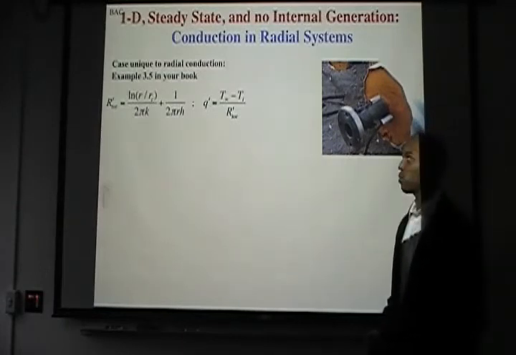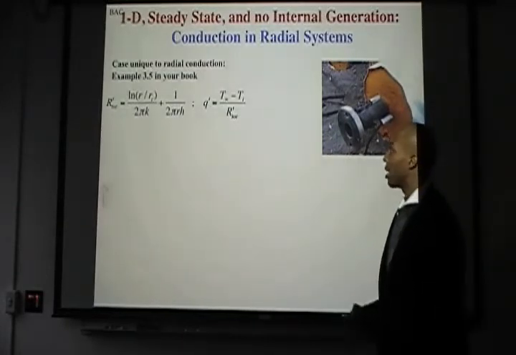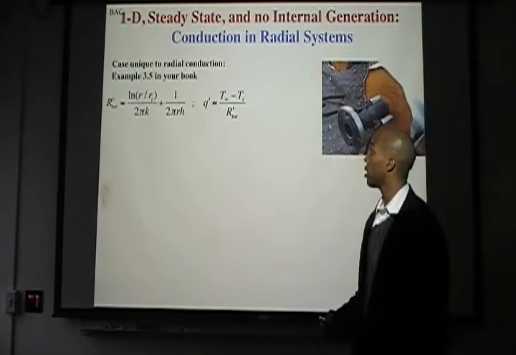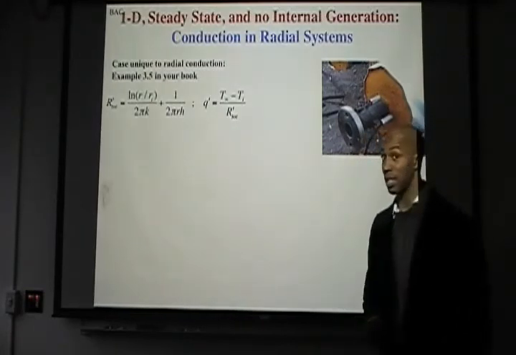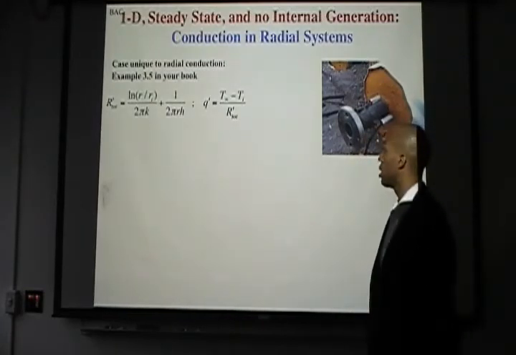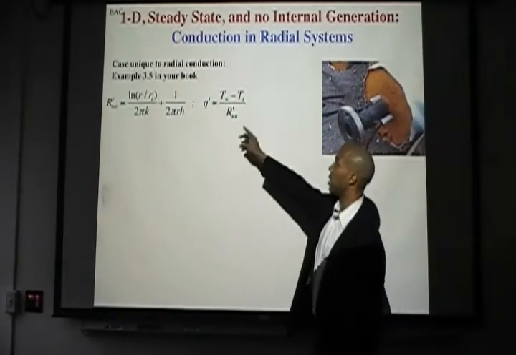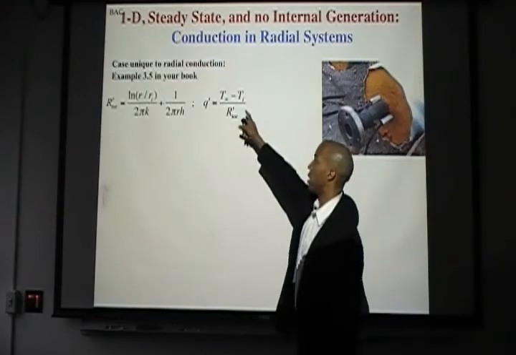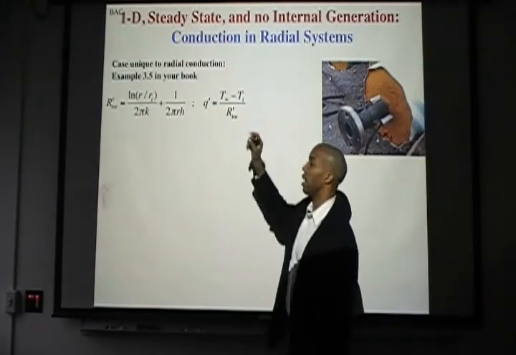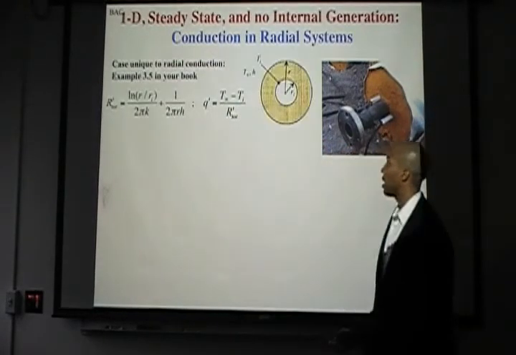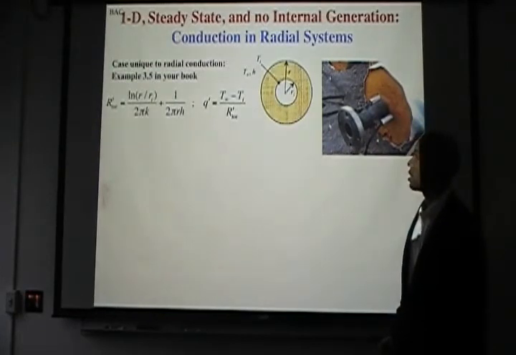And we know that the heat rate per unit length through this system is constant, and that's represented as the difference between the ambient temperature and Ti, which in this case is the temperature at the inside of the pipe.